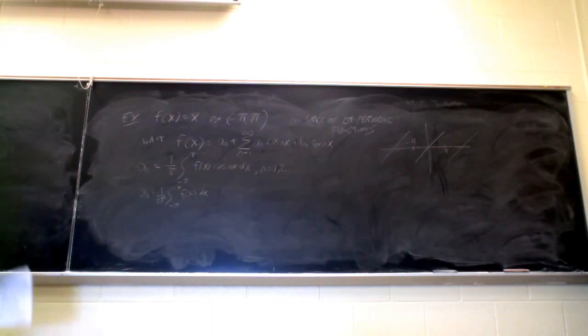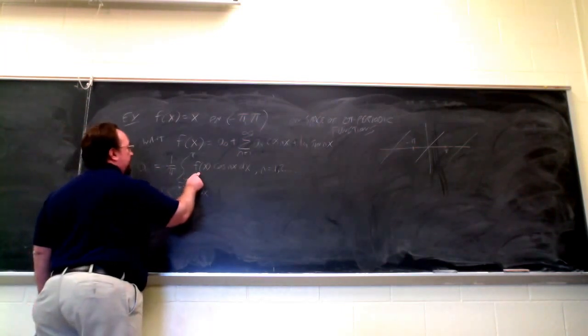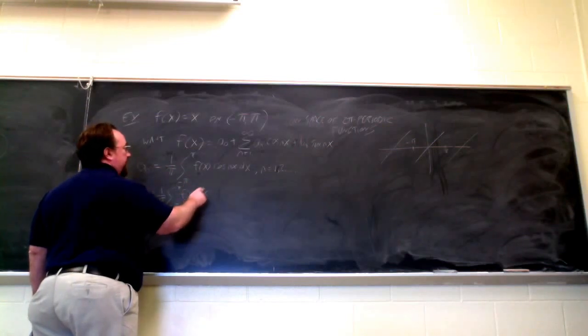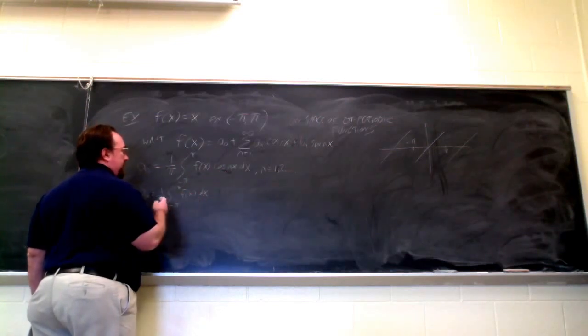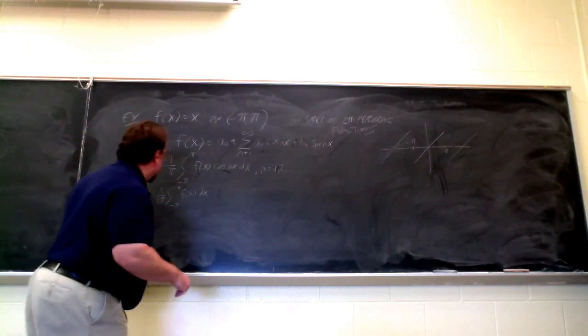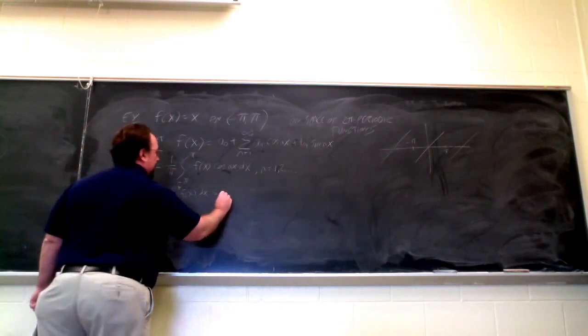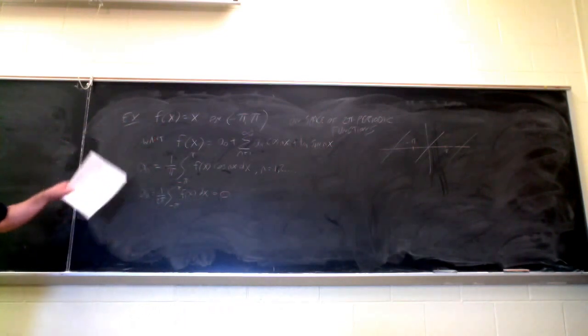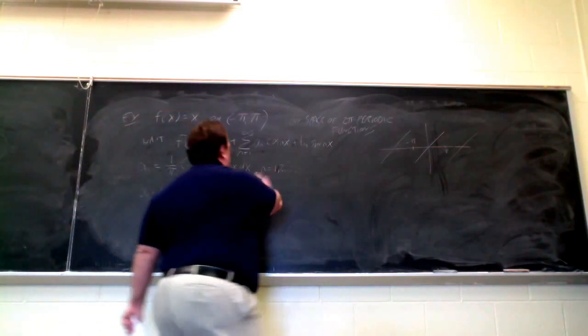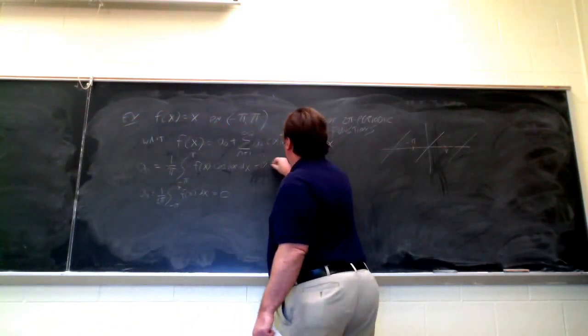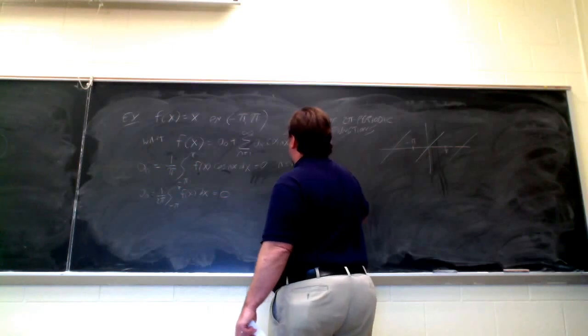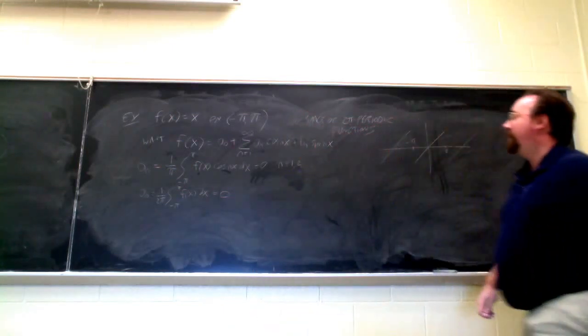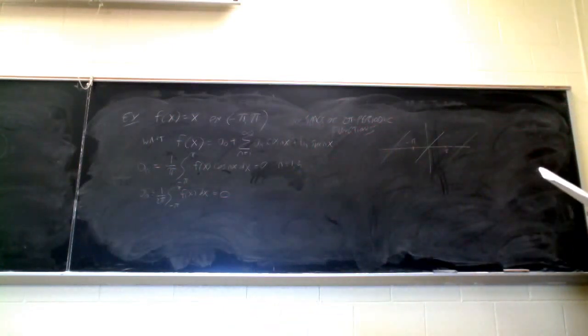Now, f is odd, and cosine nx, or 1 in this case, are even. So it turns out that the integral of an odd function over a symmetric interval is 0. So we're going to get 0 for all of those.